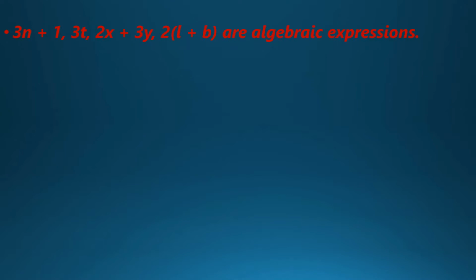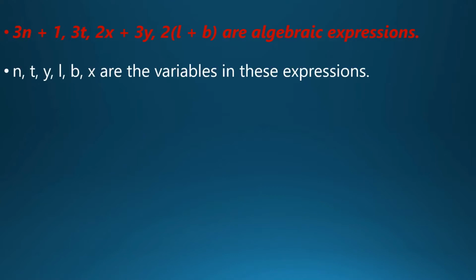3n plus 1, 3t, 2t plus 3y, 2 into (L plus b) are the examples of algebraic expressions. From the above algebraic expressions, n, t, y, L, b and x are the variables in these expressions.